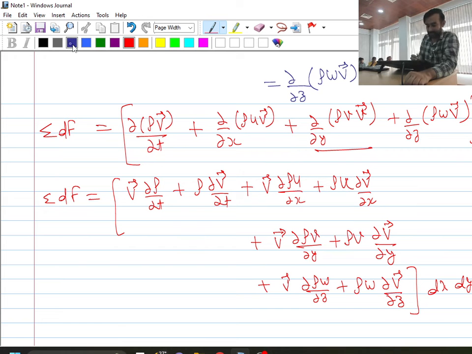Now if you take these terms, first is V vector into del rho by del t, and here also V vector is common in this term and this term.